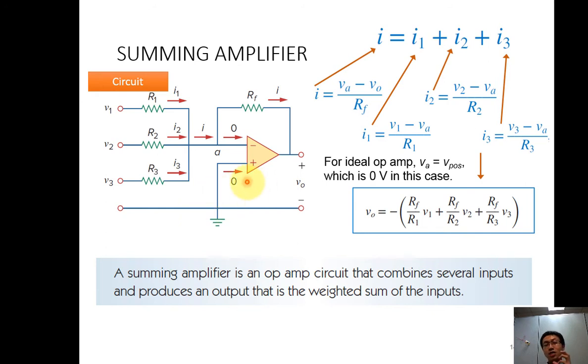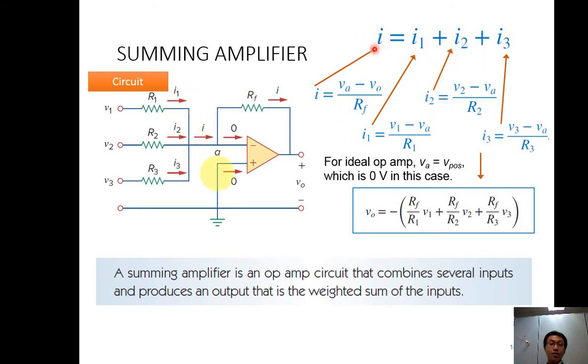So now I want to find some way to create an equation. I know that the amplifier itself is an ideal amplifier. No current will flow through the negative terminal, and no current will flow through the positive terminal. So all the current flowing in here will flow to the feedback resistor and go to the output. So now I have my I here, which is equal to I1 plus I2 plus I3.